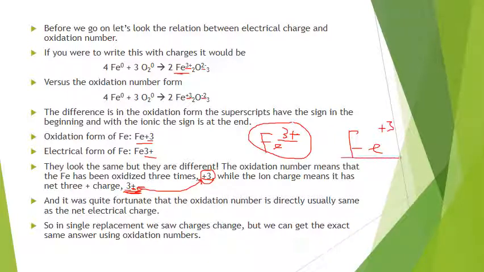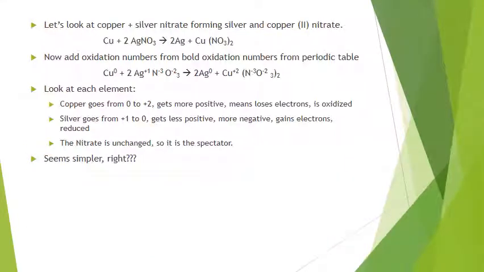So if you write it like this and say this is the ionic form, technically you're wrong. I won't make a big deal of it, but I just want to let you know there is a difference between +3 and 3 plus. In single replacement we saw changes in charges, but we can get the exact same answers using oxidation numbers, which we'll see next.